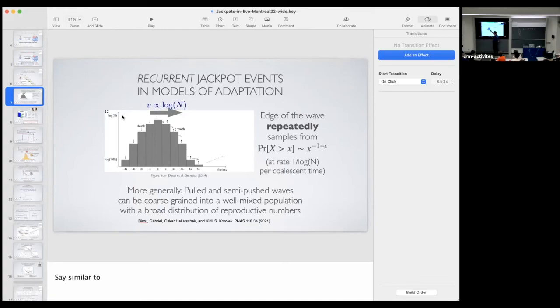What matters here is the difference between the fitness of these bins and the mean fitness, which is set more or less to 0 in order to keep the total population size constant. But these bins are growing from a small population to a large one. So exactly what happens in the Luria and Delbrück experiment happens here, but continuously at the front. Each time you generate the next bin, you sample from the previous one, and both bins are growing at slightly different rates. That gives rise to this epsilon.